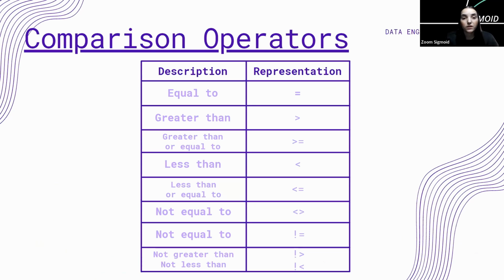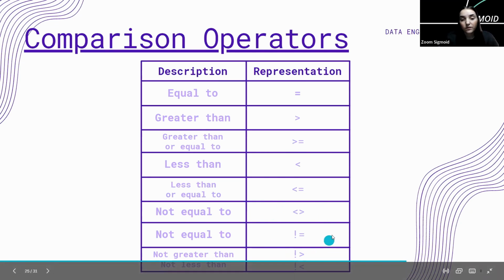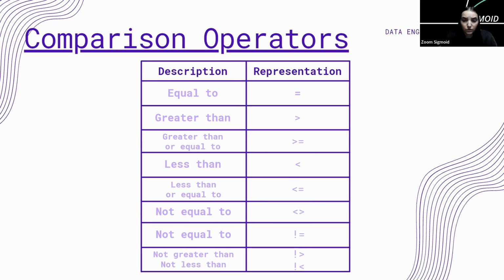Moving next to comparison, we have equal to, greater than or equal to, less than or equal to, and not equal. For not equal, we actually have two representations. You choose which one you would like to use. They are not wrong, they're both supported in Microsoft SQL Server.